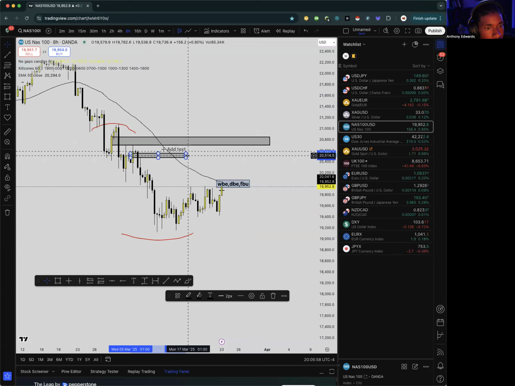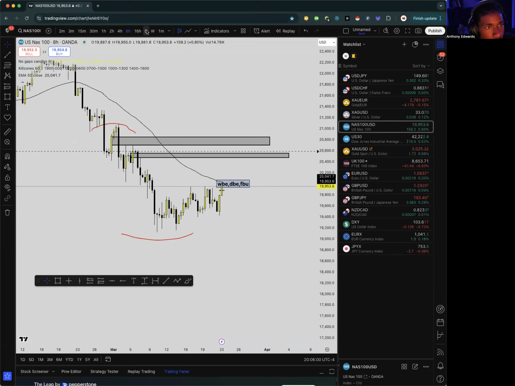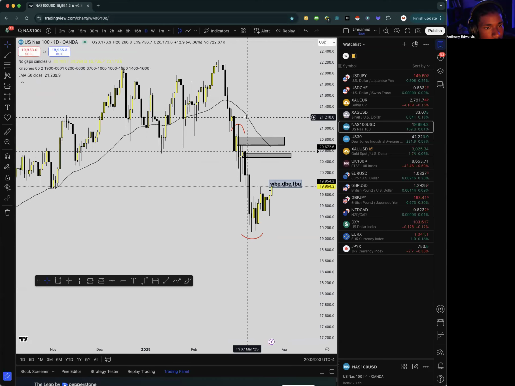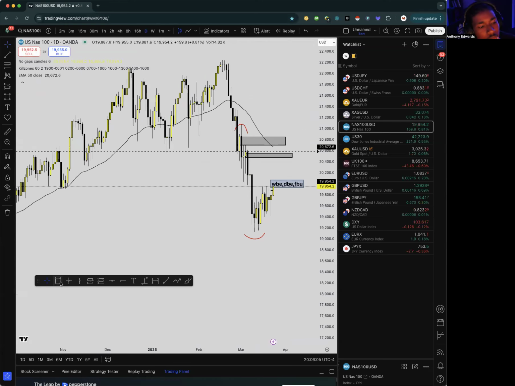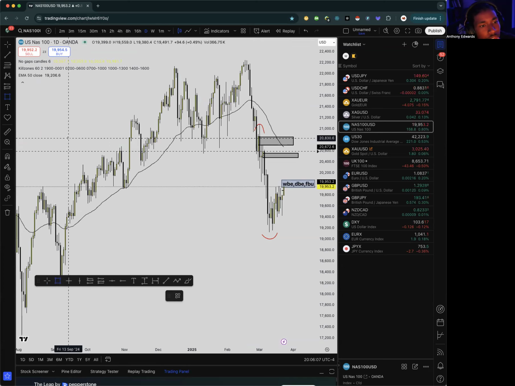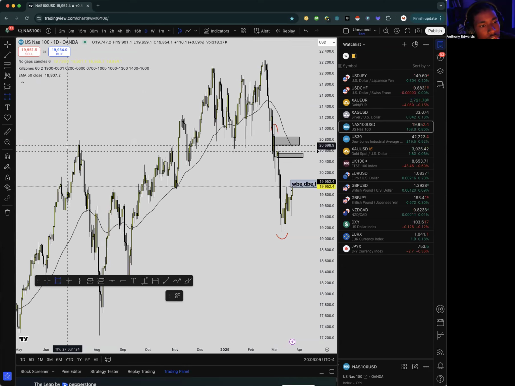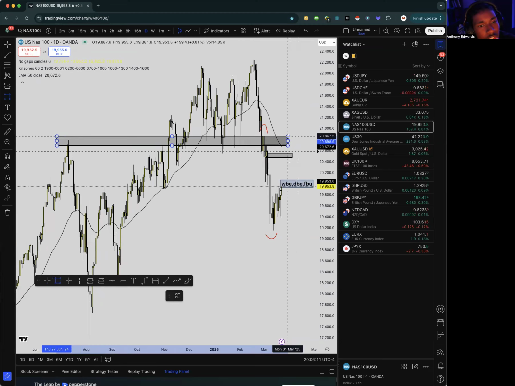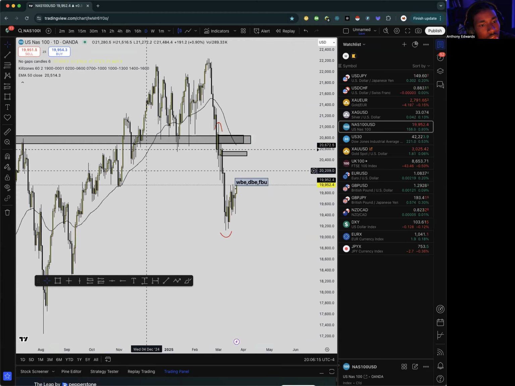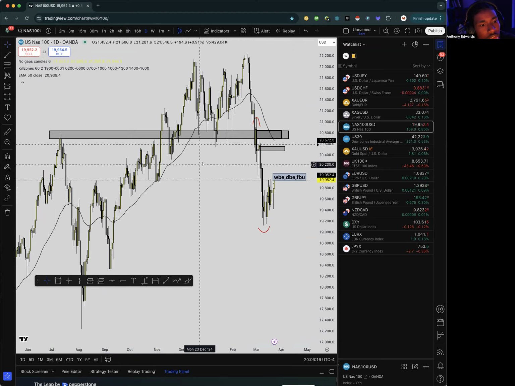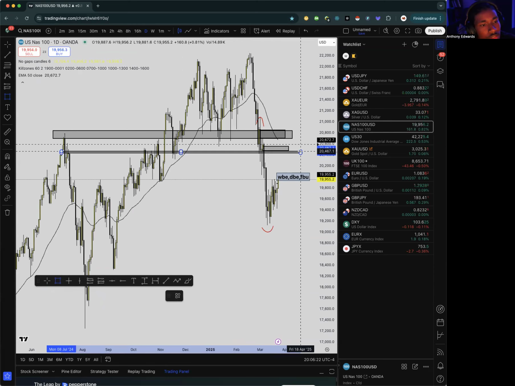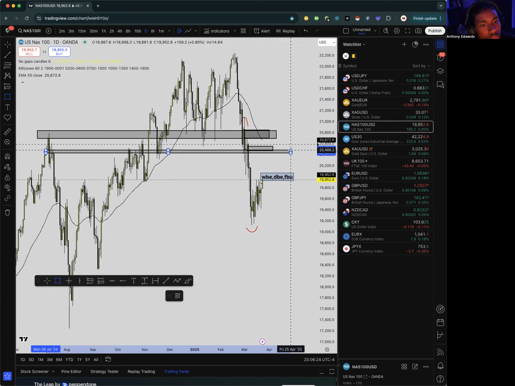I would say we should look at daily areas of interest. If we look at daily areas of interest, then we can see that there are some areas of interest here, and this could be an area of interest here too.